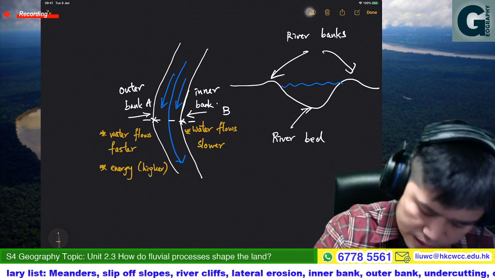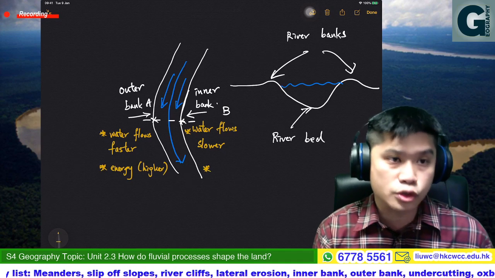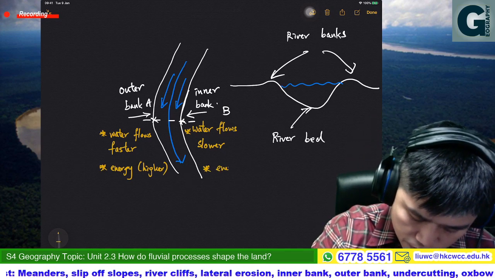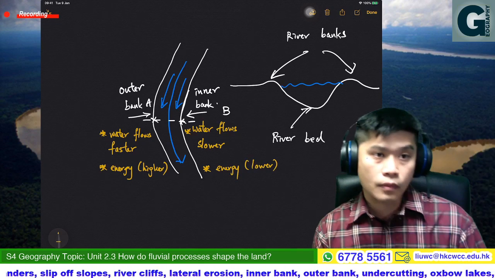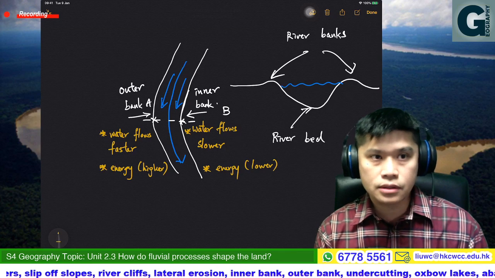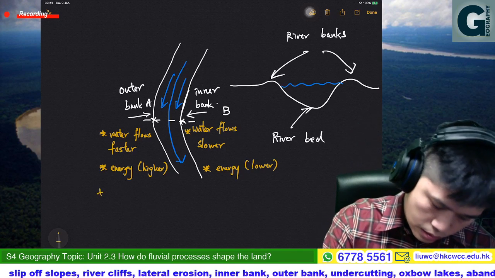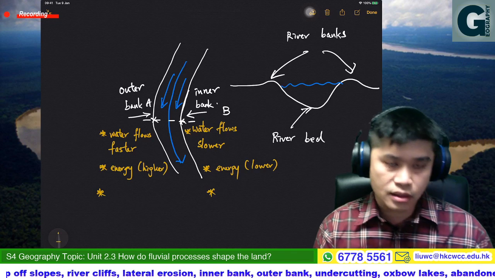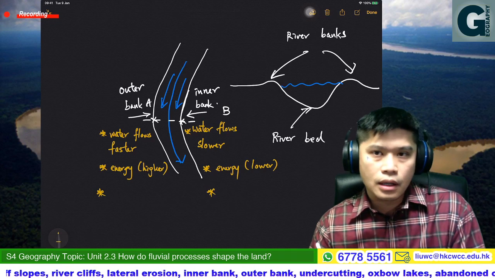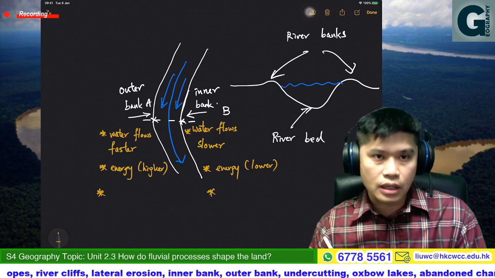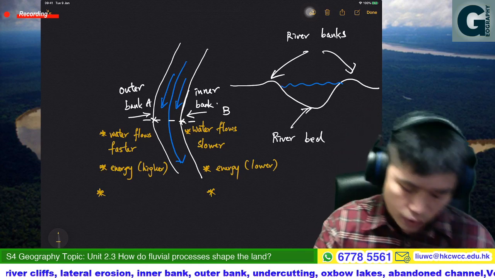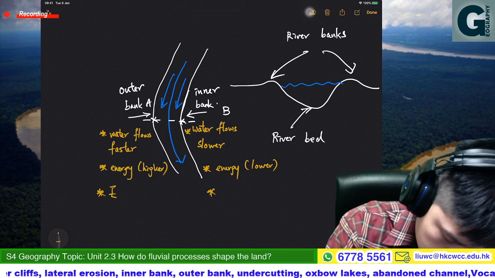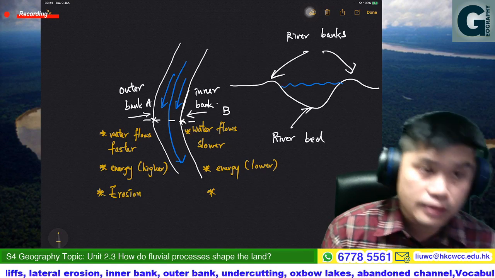On the other side, if the water flows slower, the energy would be lower. Next, we know that energy determines the fluvial process in the river. If the energy is high, erosion may take place.